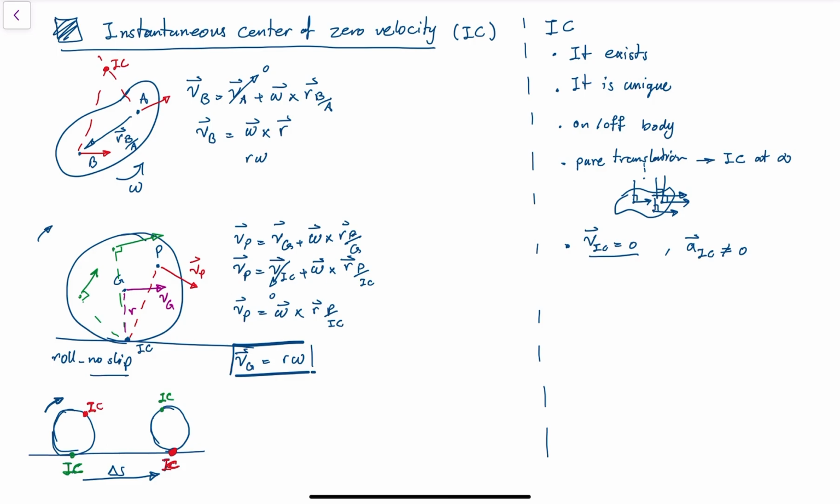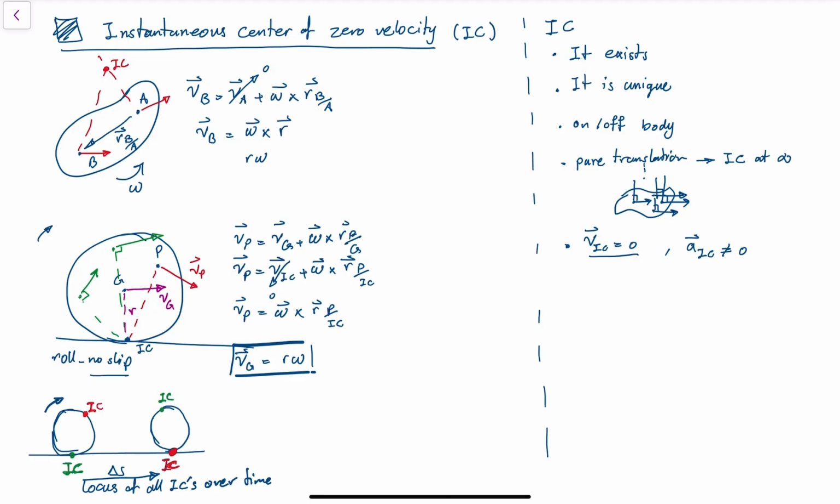What is moving and translating is the locus of all ICs over time. A point becomes IC and stops being IC, and another point becomes IC and it stops being IC.